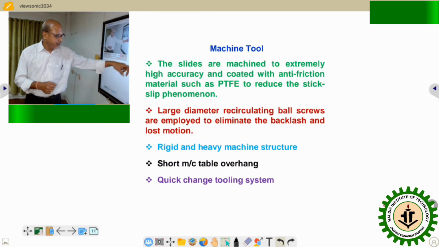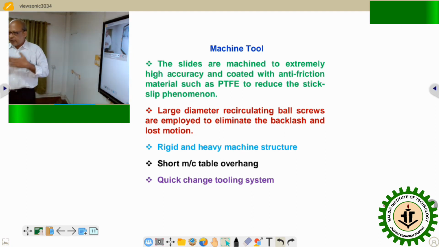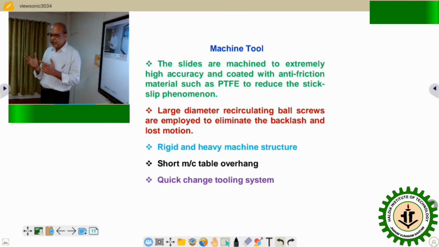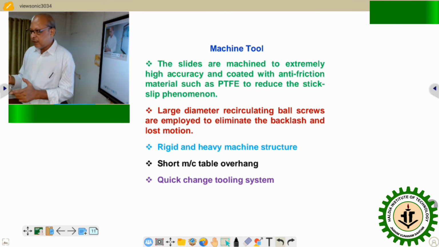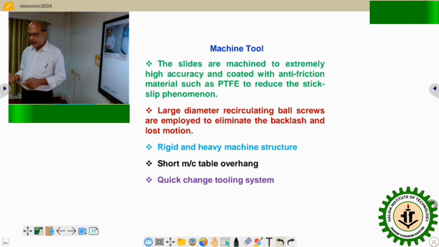Rigid and heavy machine structure. Whenever turning centers or machining centers are used in industry, one objective is to ensure flexibility, but at the same time, to be commercially viable, the productivity should be high enough. How can we boost productivity?